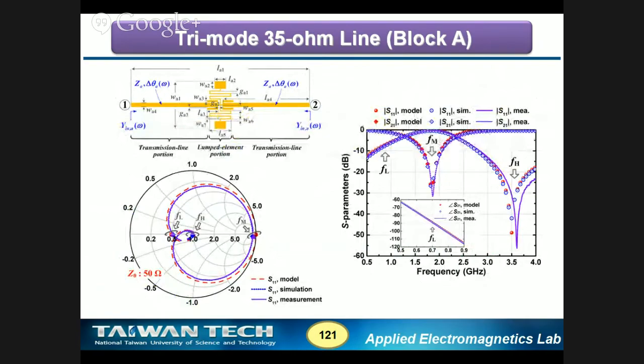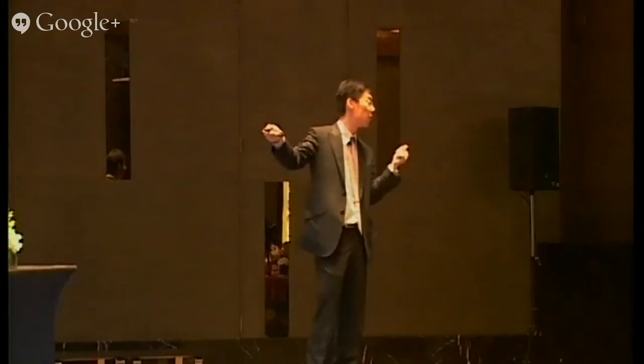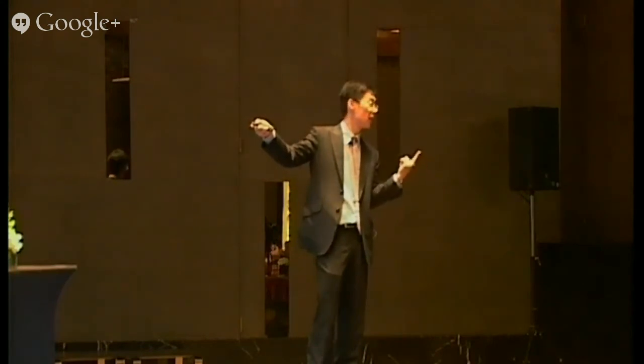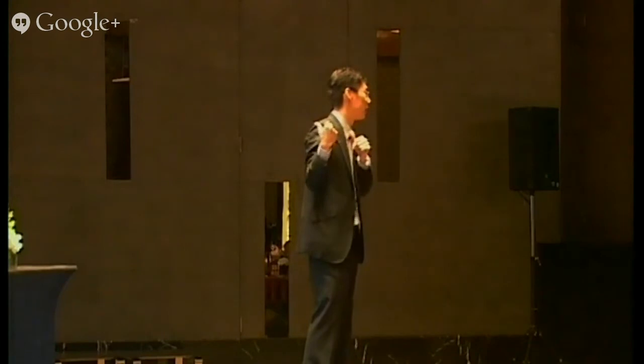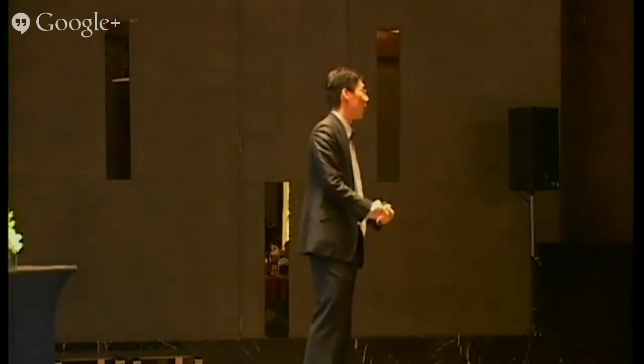You can find that in the low band, it is 35 ohm with 90 degree delay. In the mid band, it is open circuit. And in the high band, it is 50 ohm. And you know, this is a core building block of our whole feeding network, right?